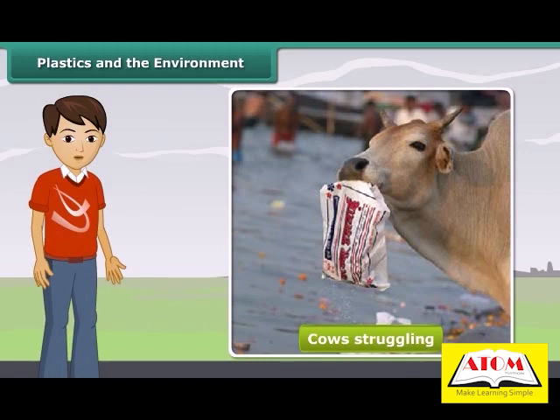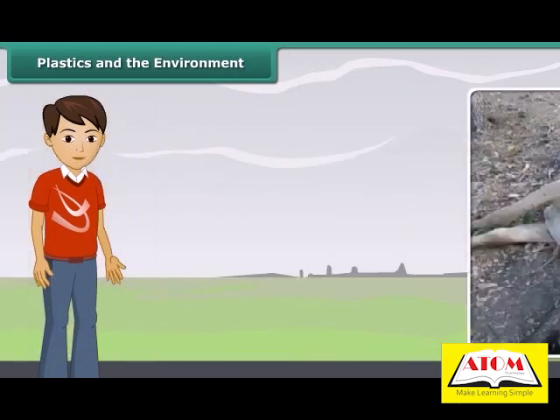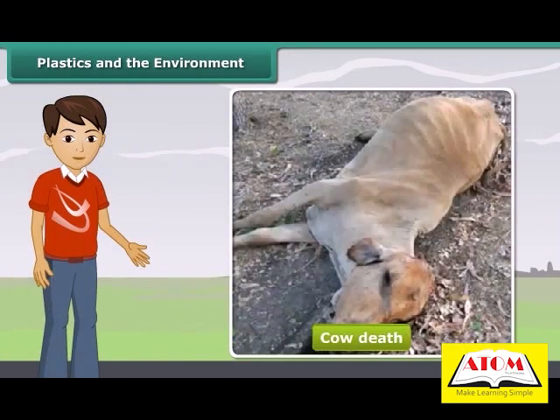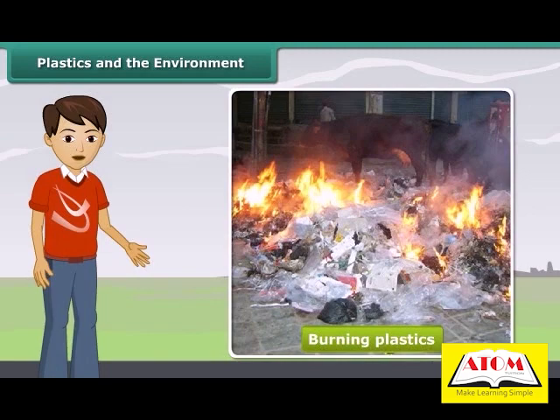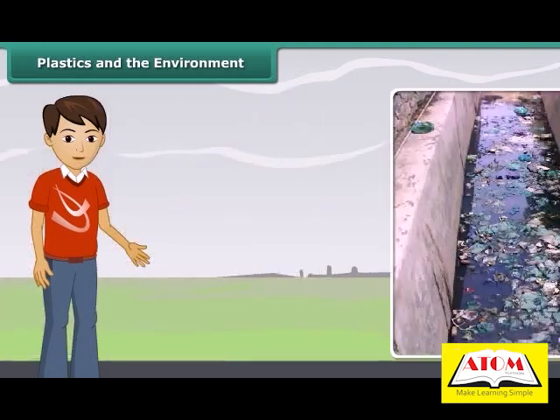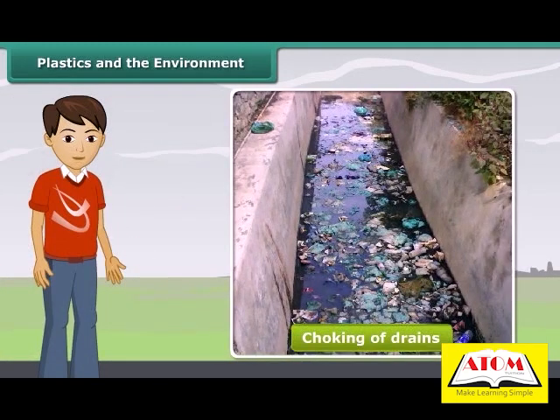It can choke their respiratory tract or form a lining in their stomachs, causing their death. On burning plastics, it releases toxic fumes into the atmosphere. Other plastic menace is the choking of drains, which leads to their overflowing and flooding during the rains.